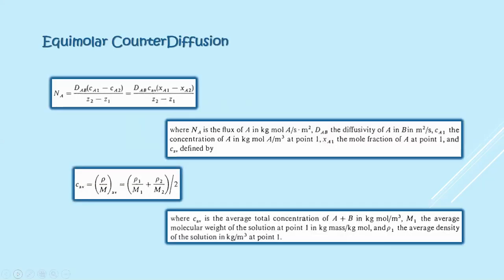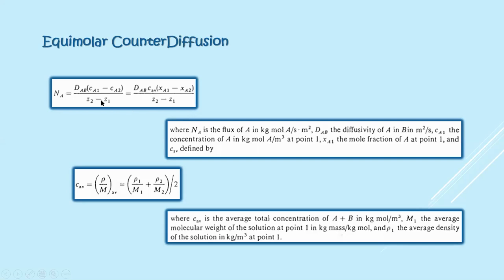So the first part that we're going to discuss regarding diffusion in liquids is equimolar counter diffusion. I have in part shared with you this formula last meeting, and the first formula gives you the flux, N_A, of solute A, and the unit of such is kilomole A per second per square meter.